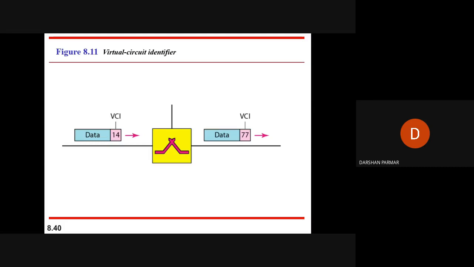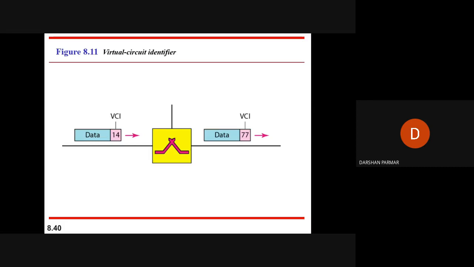But here the address will be the same from one switch to another switch. For example, here 77 is written at the output of the switch and the input of the switch is 14. This 77 will remain the same for the next switch. After the switch, this number is going to be changed.